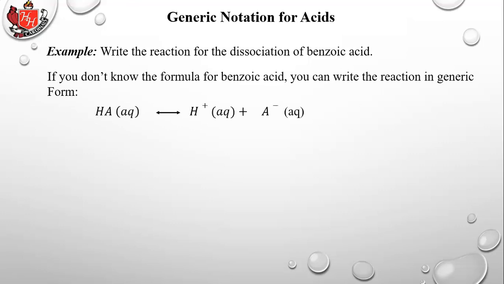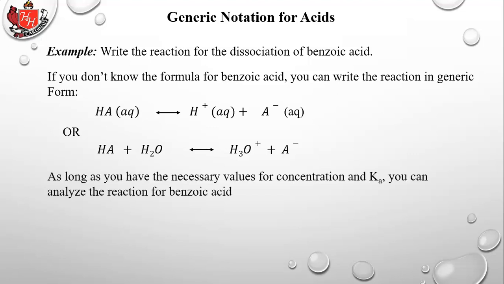HA will produce H+ aqueous and A- aqueous. Or the expanded form, the extended form, HA plus H2O produces H3O+ plus A-. Again, those two reactions are exactly the same. They mean exactly the same thing. They're just different ways that they're written in acid-base chemistry.